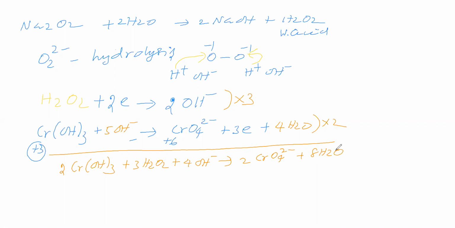Now you say, this chromate is in basic solution, or acidic solution, or neutral solution? Since hydroxide is there, hydrogen peroxide undergoing reduction and becoming hydroxide, therefore the solution is in basic medium.